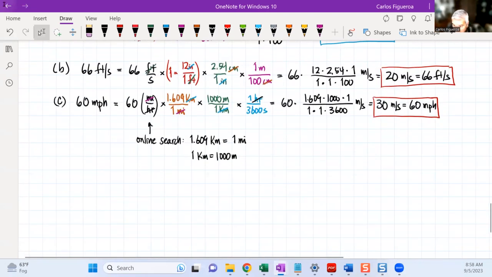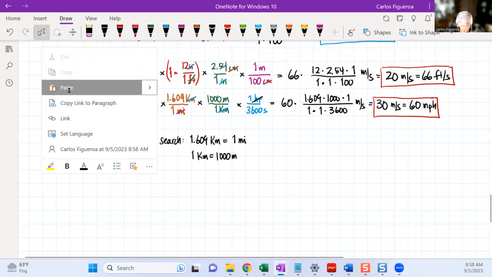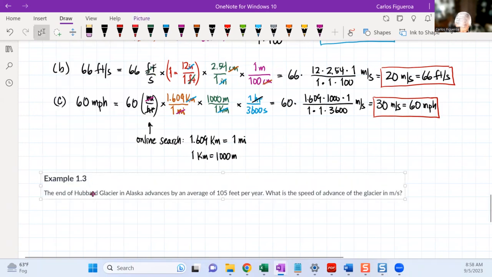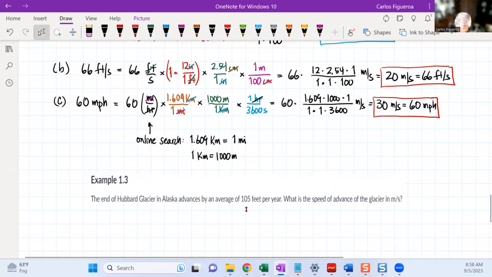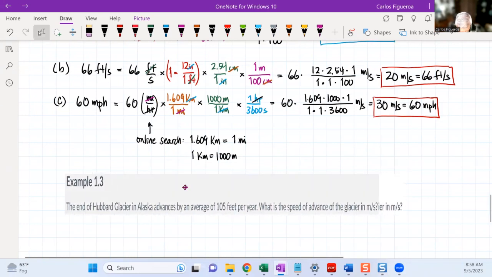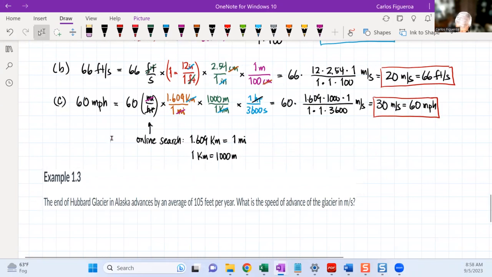Okay, let me grab this example here and let's go over to here. So again, I'm going to try to make this distorted here to make it easier to read. It says that the end of the Hubbard Glacier in Alaska advances at an average of 105 feet per year.